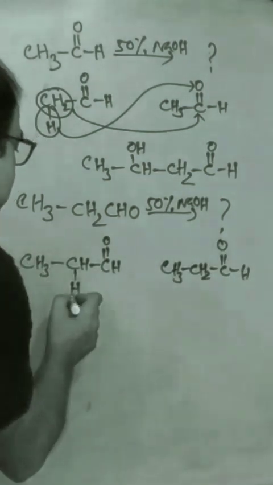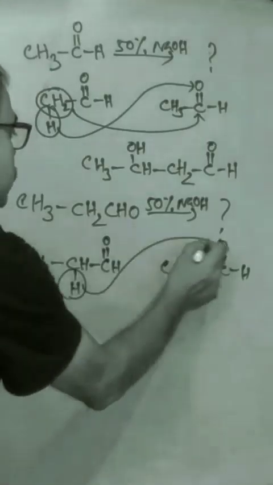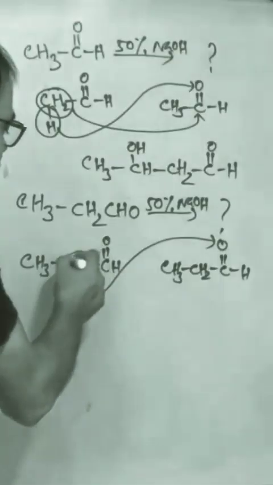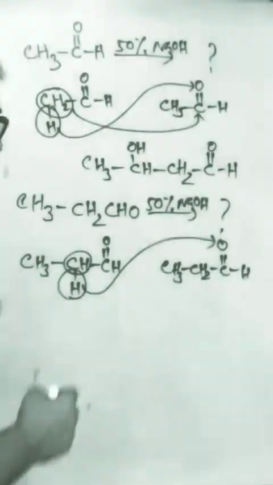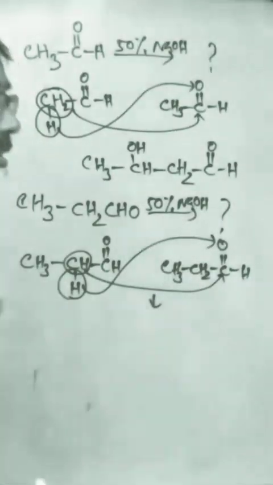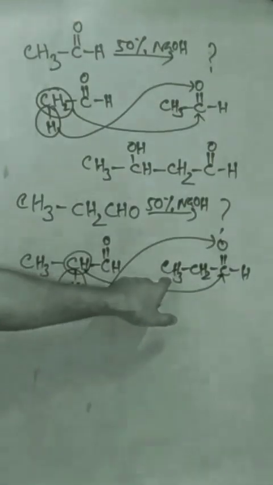The same thing will happen, this alpha hydrogen will go to the oxygen of the carbonyl group, and a bond will be formed between the alpha carbon and the carbonyl carbon, and you start to write the compound from here.